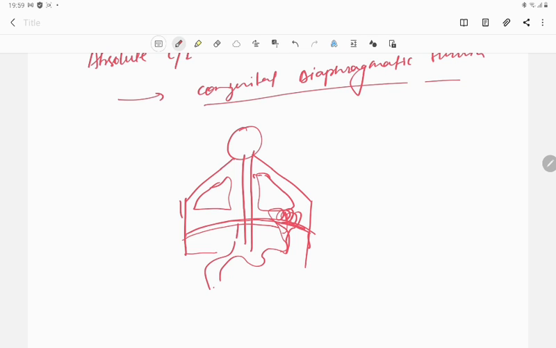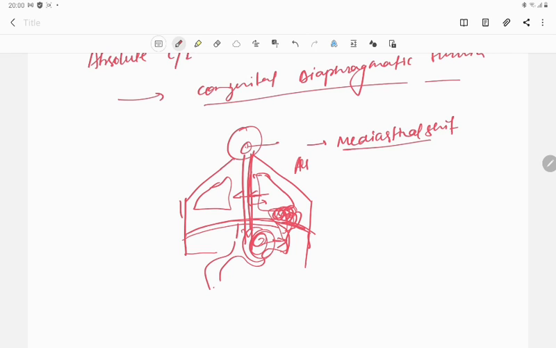So what happens is that when we start bag and mask ventilation, if the air goes into the lungs, that's all right. But if by accident it goes into the esophagus, and if we keep pushing the air, the bowel loop starts getting dilated, and the lungs get shifted to the other side, so there is mediastinal shift, right?